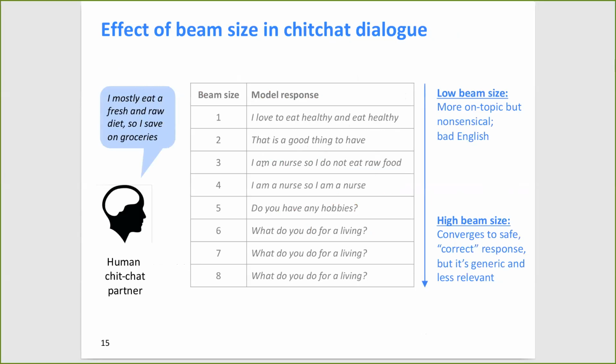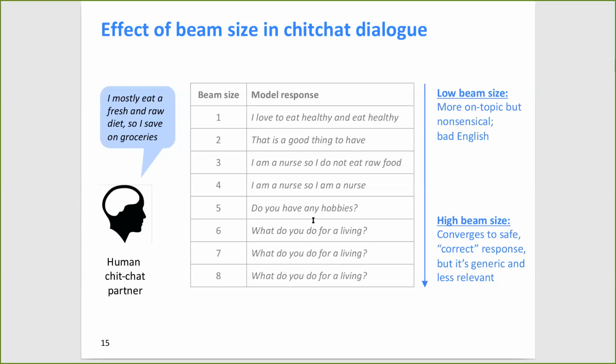If we see the top sentences, they are related to the current topic in discussion. Here the input sentence is talking about food, about something related to eating and health. So at least the first sentence is very related topic-wise. As we go down, we see that the sentences are more generic. What do you do for a living? That could be somewhat related to the input sentence, but it's not really.